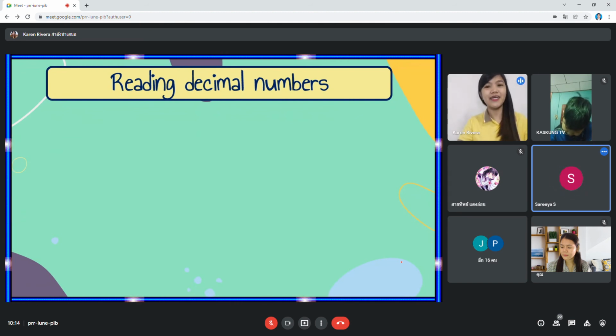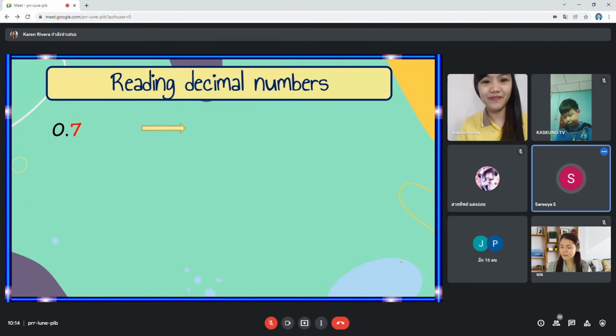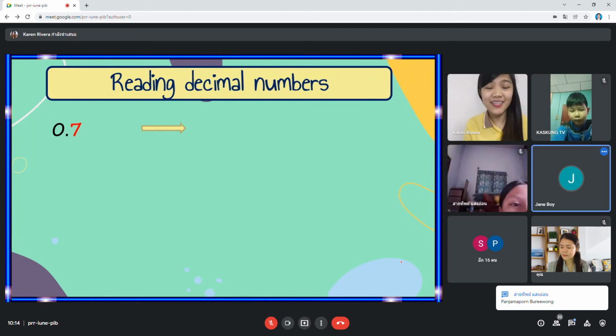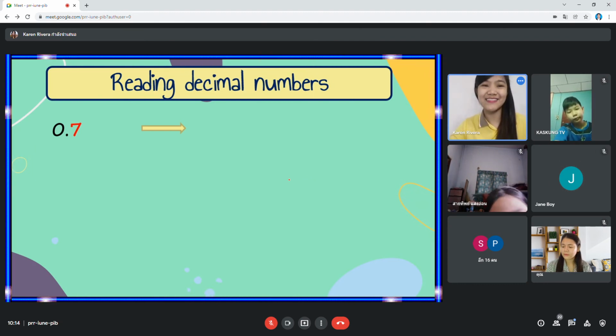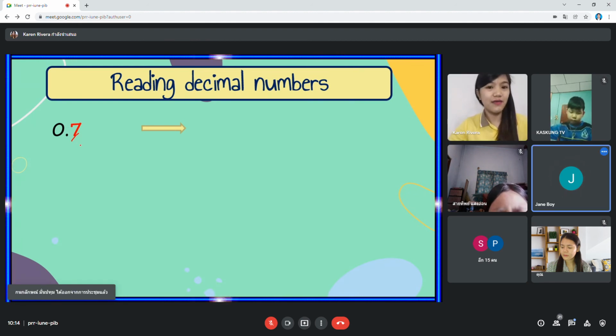Yes, Saria. Can you read this number? Oh, very easy. What is that? 7,000? Is it thousands? How many decimal places do we have? 1 decimal place. So what is this? 7 tenths.